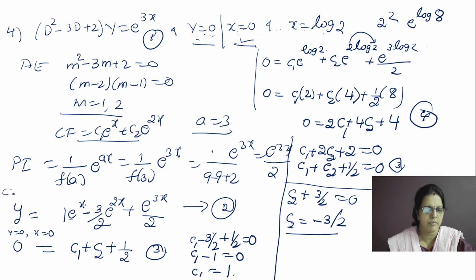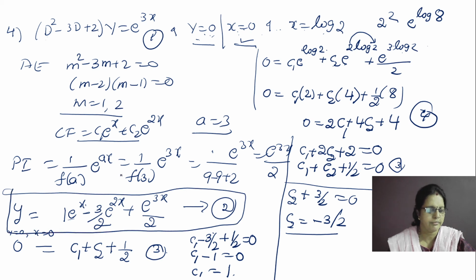So this will be the solution, after finding the constants using the additional conditions: e power x minus 3 by 2 e power 2x plus half e power 3x.